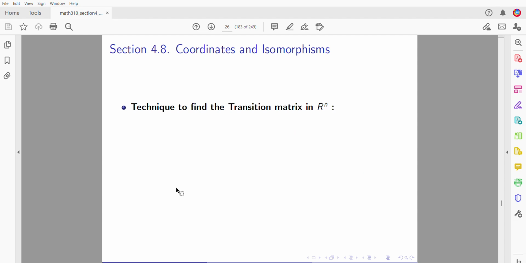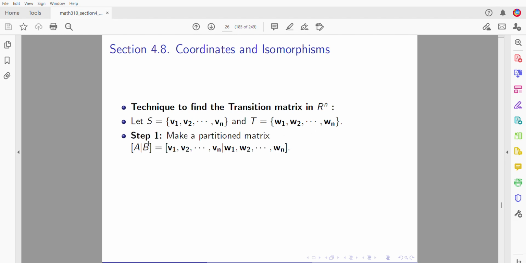How do you find the transition matrix in Rn? Rn is column space, with n entries. So let S be n vectors, T be n vectors. Make a partitioned matrix A and B. Why can I make this? Because these are columns. So place the S columns first, T columns next. Use elementary row operations to transform to reduced row echelon form.